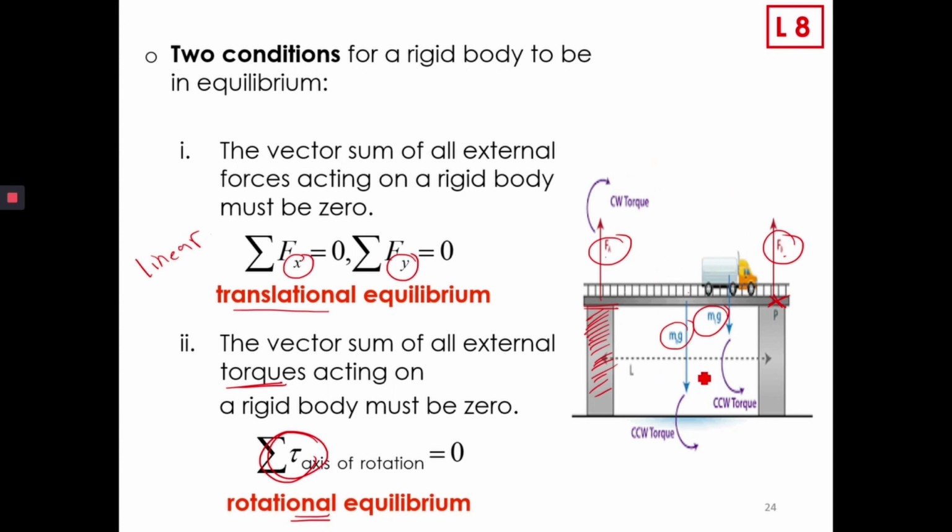So from here, the counterclockwise torque equals the clockwise torque, which means translational is in equilibrium and rotational is in equilibrium. Okay, all the calculations about torque and equilibrium will be done in your tutorial session. Thank you.